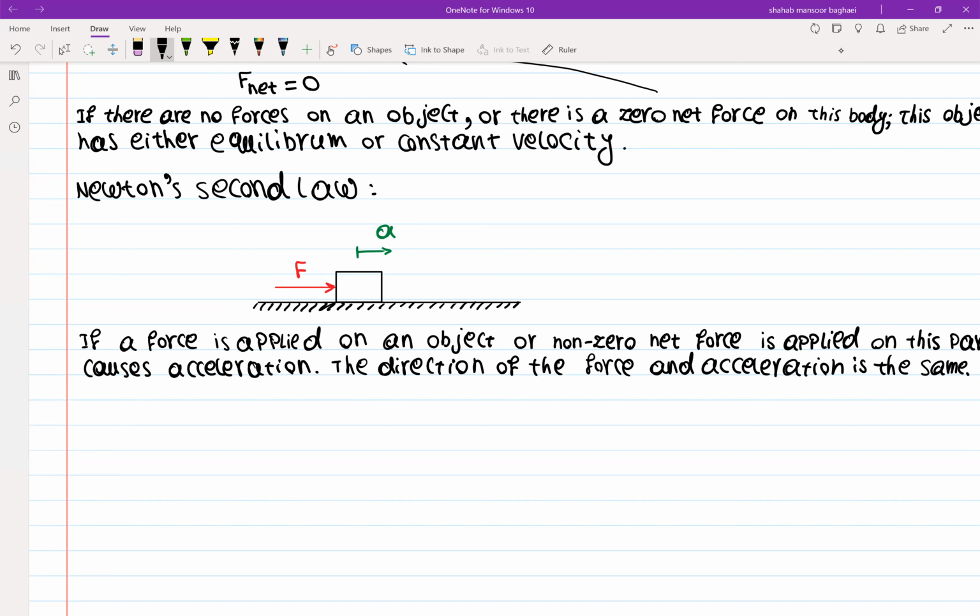In other words, if you apply a force to the right, or if you apply a net force to the right, you will have an acceleration to the right. Consequently, here, force is proportional to acceleration.